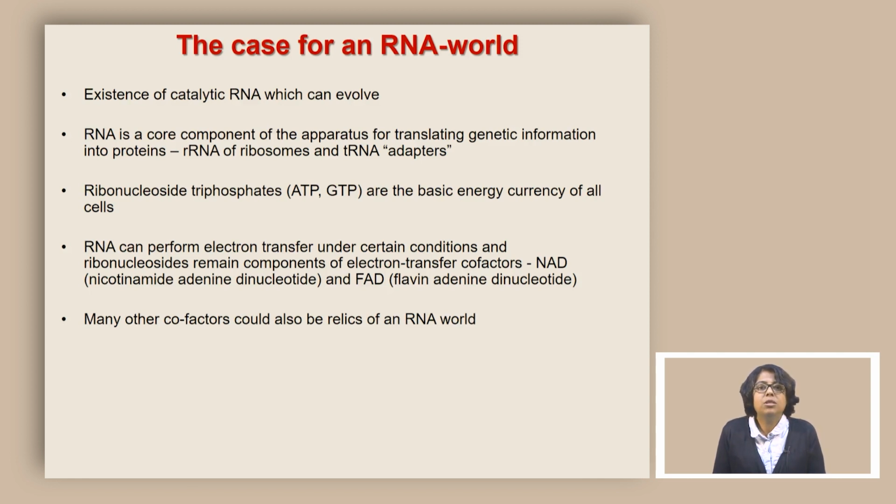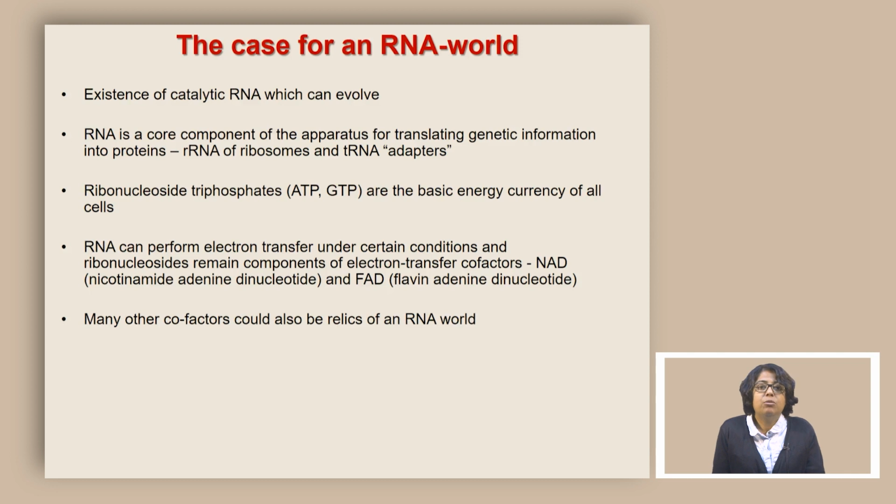The first one was the existence of catalytic RNA which can evolve and change, and therefore, it can solve some of these initial paradoxes. RNA is a core component of the apparatus of translating genetic information into proteins. rRNA of the ribosome and tRNA can work as adapters. So, these are all evidences that they are one of the core things in terms of transferring genetic information into proteins.